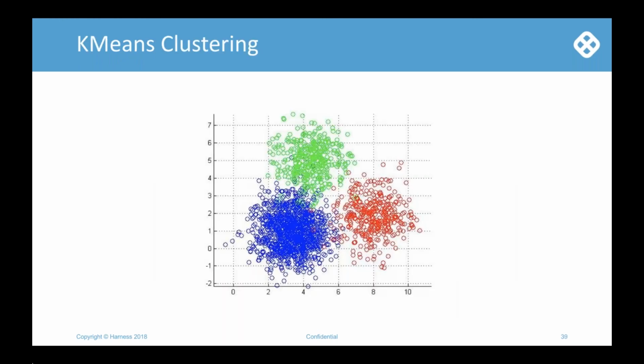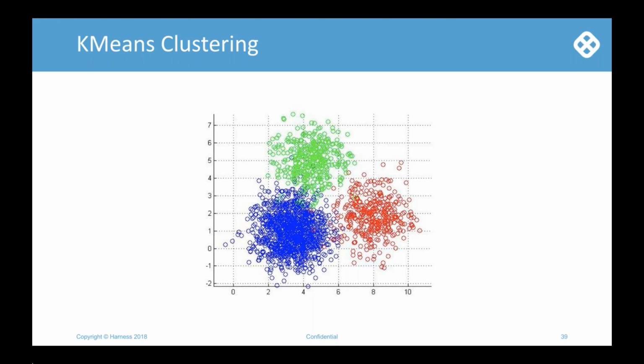We then use KMeans clustering. What this does is group together events and exceptions based on their textual similarity. So if the textual similarity of their attributes is the same, we tend to group them together. Here's a simple example where imagine each of these dots is an event or an exception in your log files.